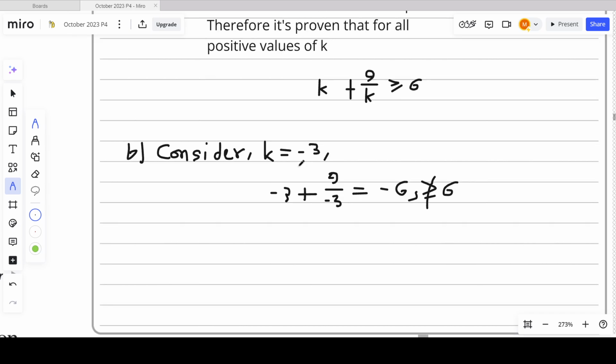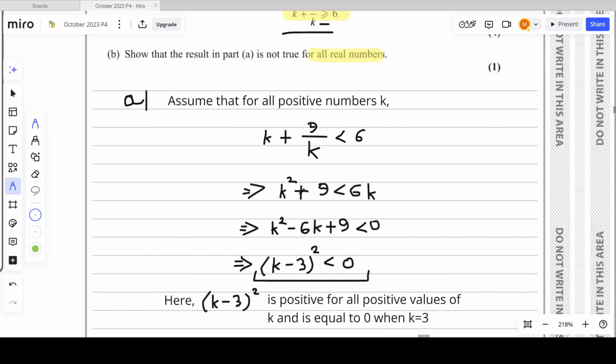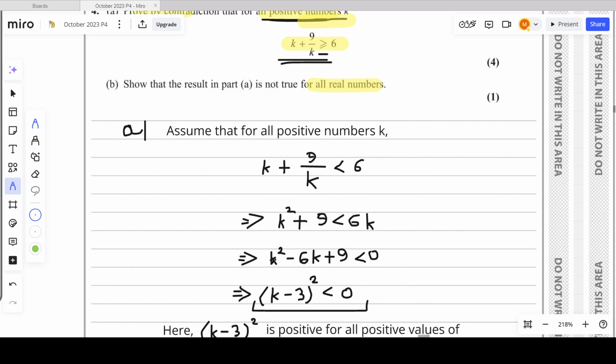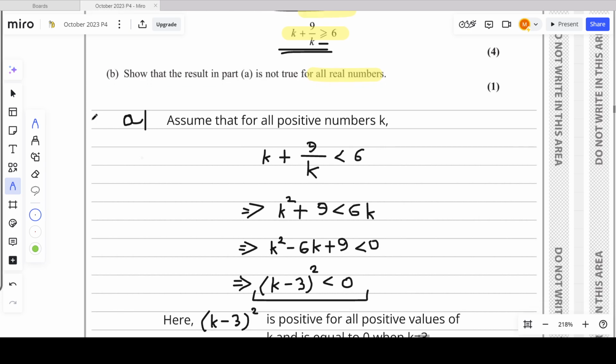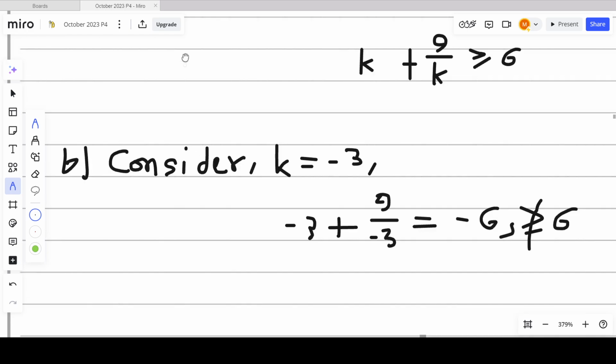So this is not following the given inequality.